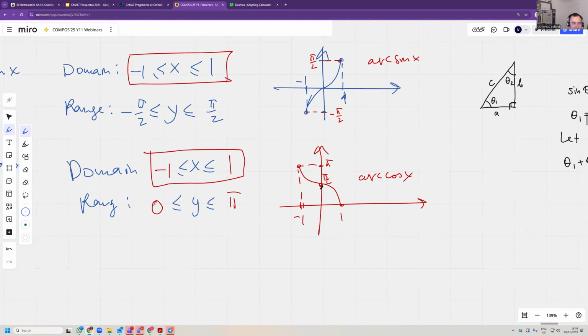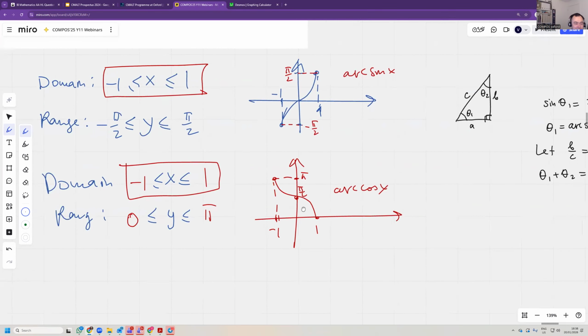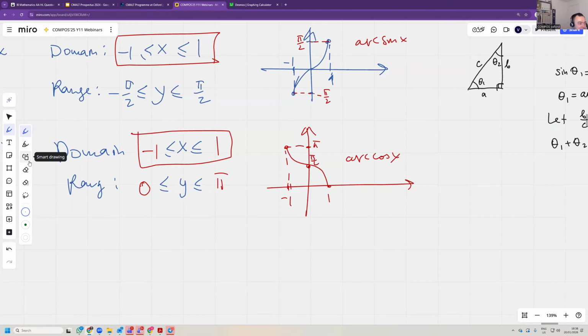And let's check if that actually holds up. If we look at the two graphs, f of -1: arc sine -1 plus arc cos -1. So that's the leftmost point. Arc sine of -1 is negative pi over 2. And arc cos of -1 is pi, so plus pi. And that is, in fact, pi over 2.